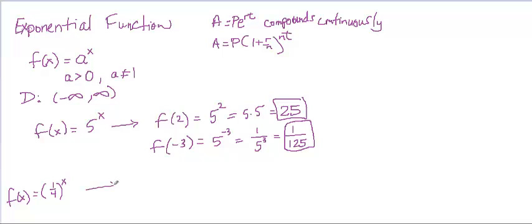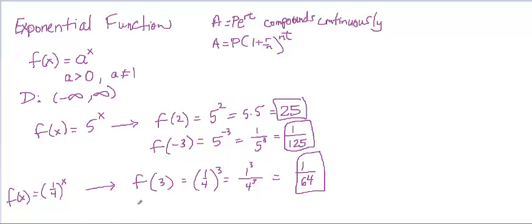Let's find f of, let's say, 3. This would be 1/4 raised to the 3rd power. You could either do 1 cubed over 4 cubed, because that is one of our exponent rules, or you could just do 1/4 times 1/4 times 1/4. Either way, we're going to get 1 over 64.